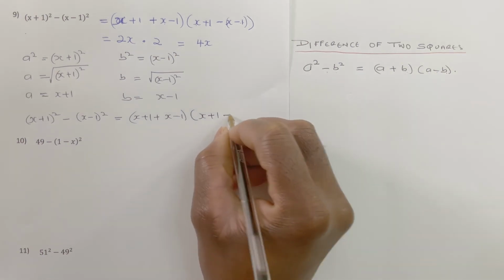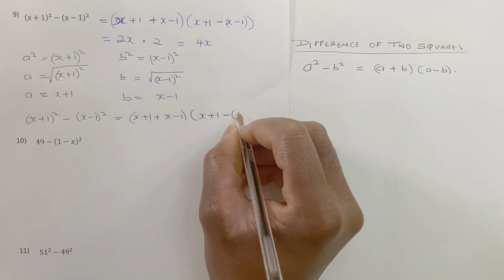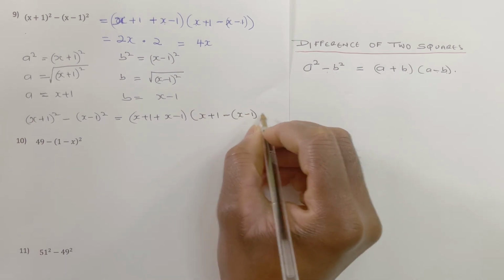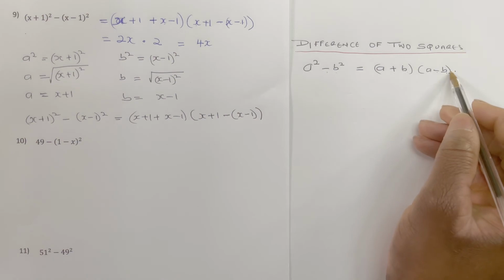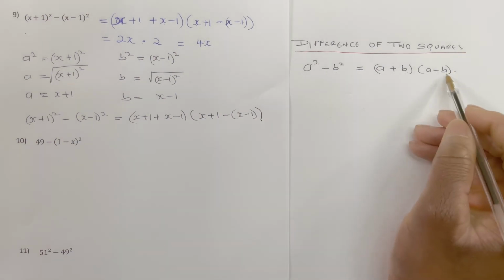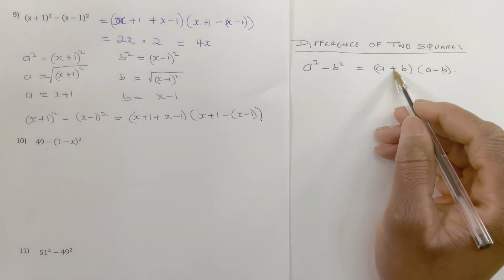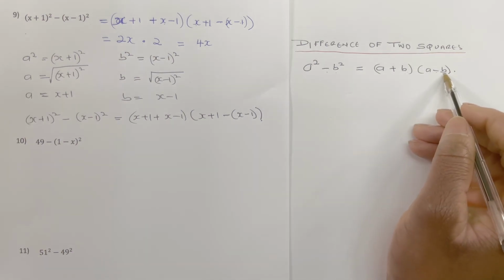Minus, you have to use an open bracket because you're dealing with minus, x minus 1, close bracket, and then close that bracket here. This one I had to put in a bracket because there's a minus in front of it. Plus doesn't matter, but minus does matter.